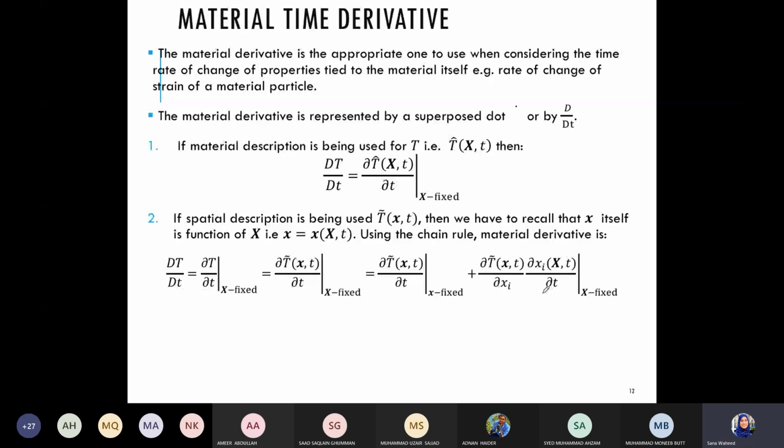So small xi तो उसकी current position होती है एक किसी particle की, right? So the rate of change of the current position, isn't that of course just the velocity of a particle?